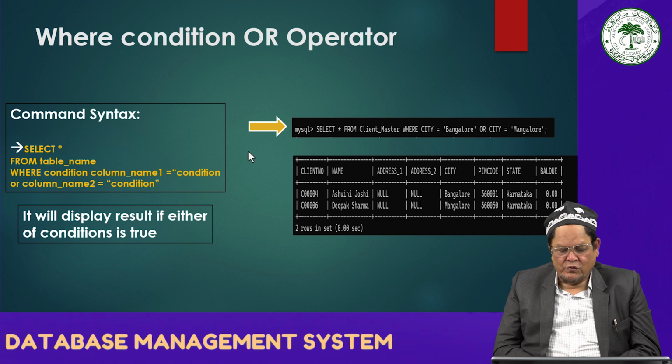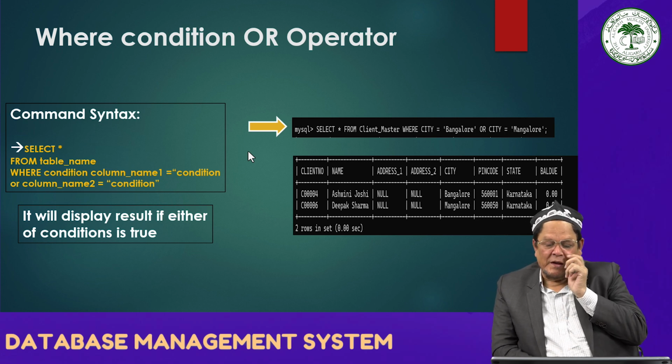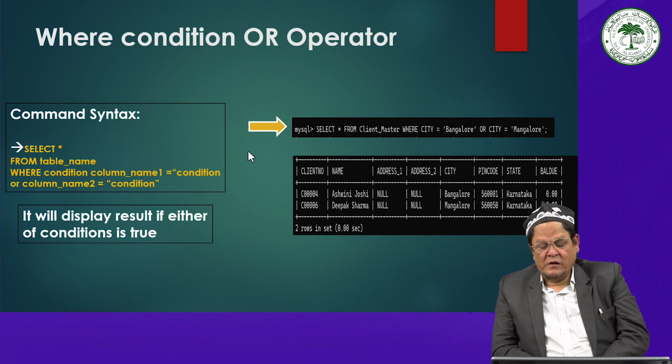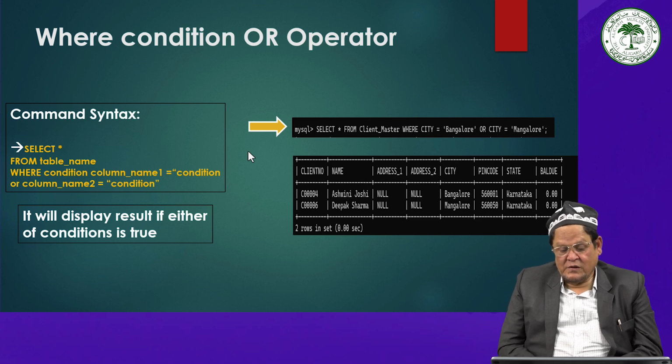It means Ashwani Joshi and Deepak Sharma, who belong to Bangalore, will be displayed. Here we have not entered address 1 and address 2, so it will display null. But if you give a restriction that address 1 is not null, then we are not able to add a record. We have to enter the address, otherwise Ashwani will not be recorded.